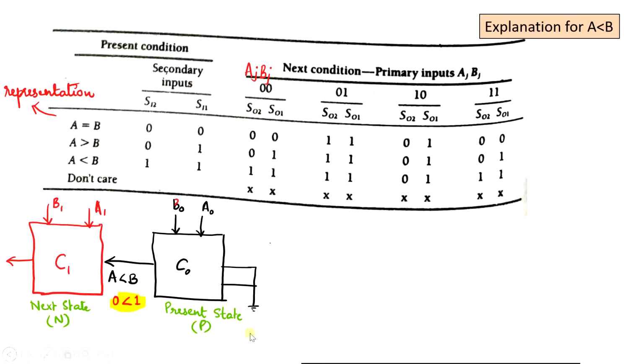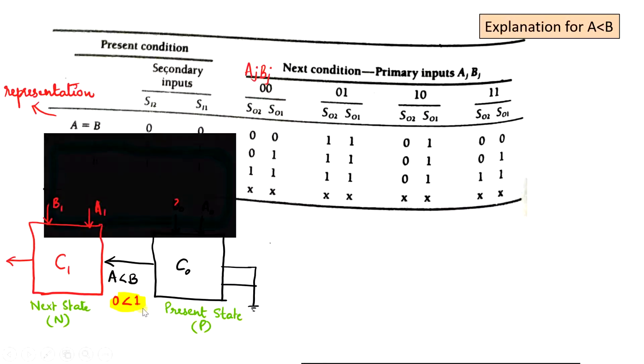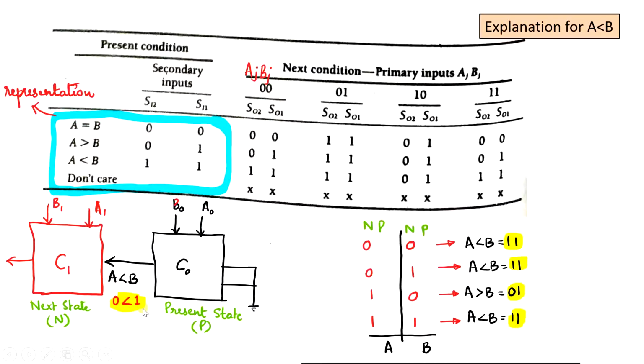This exists only when A is 0 and B is 1. So I'm going to represent the present state in terms of the black mark. So you have 0, 1, 0, 1, 0, 1, 0, 1 here, and the different possibilities for the next condition are represented in the red, 0, 0, 0, 1, 1, 0, 1, 1.